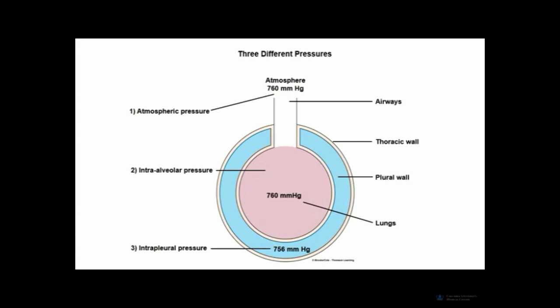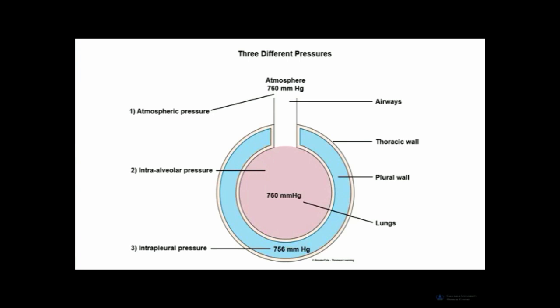Okay. So if this is our starting point, we haven't done anything to try to breathe yet in this slide, right? No airflow, everything's at baseline. Now, when we want to inhale, we want to have air movement into the lungs, correct?